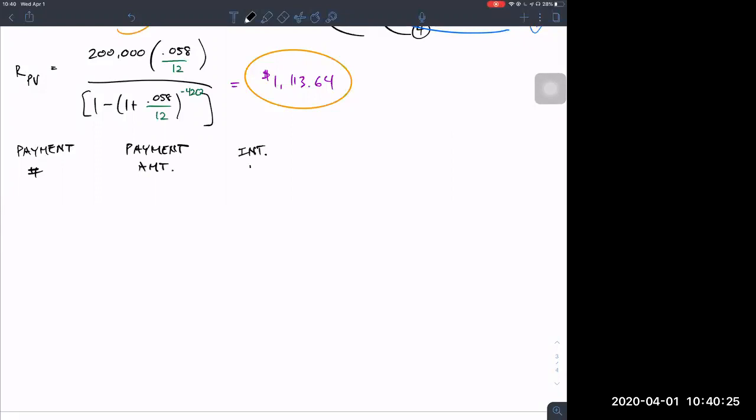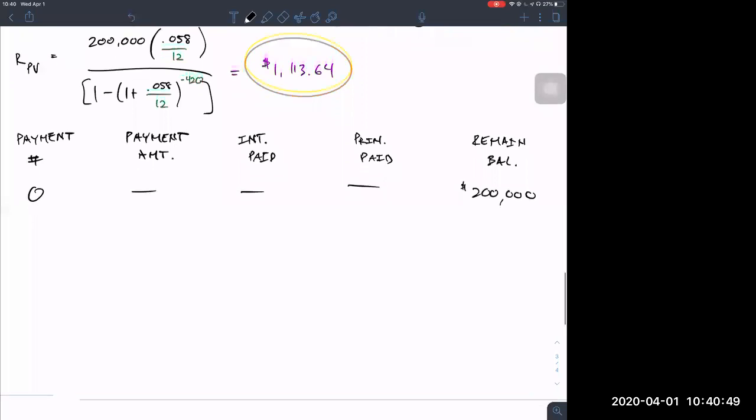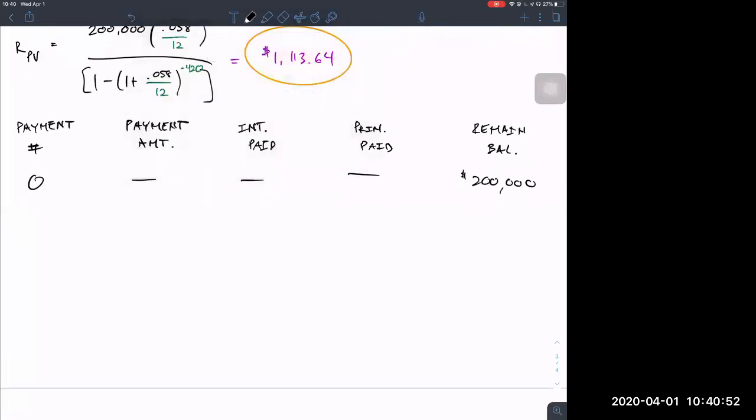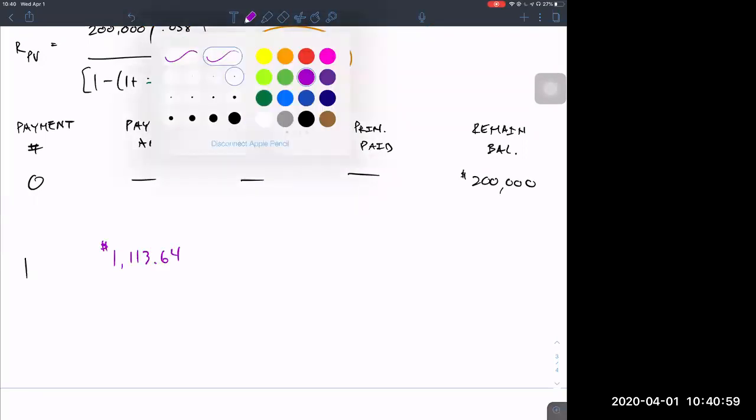Interest paid, principal paid, and then remaining balance. Okay, so 0, blah, blah, blah, 200,000. Okay, so here we go now. 1. You got 1,113.64. Okay, how do we get this?